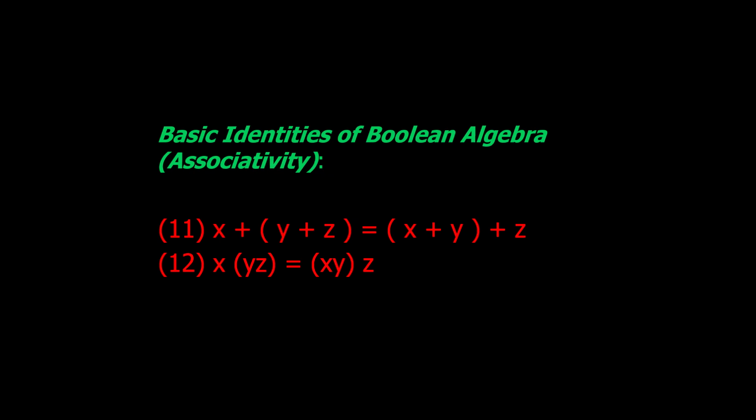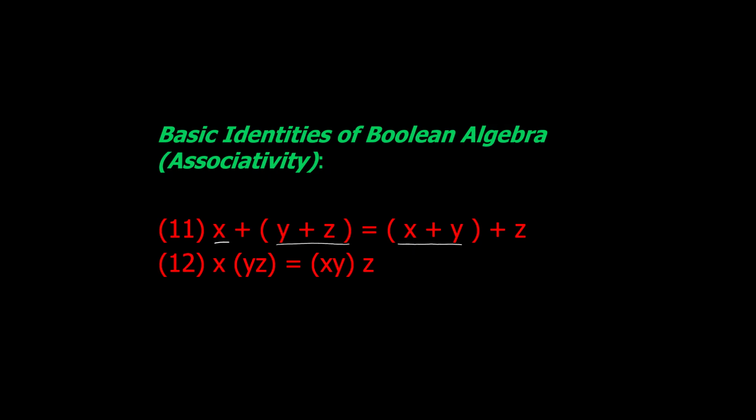Then the associative property, or associativity, of Boolean algebra. Here, if you have x plus, in brackets, y plus z, you can write it as x plus y plus z.